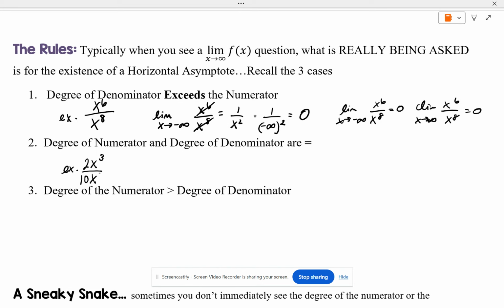All right, cool. So now the limit as x approaches negative infinity of 2x to the 3rd over 10x to the 3rd, what would that guy end up becoming? We have an equal degree in the numerator and the denominator. Good job. Bazinga.